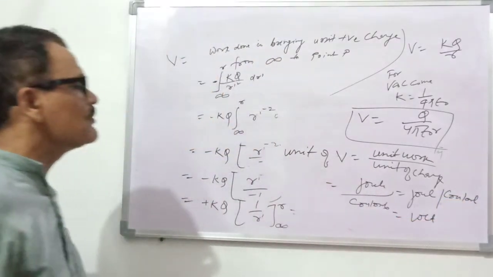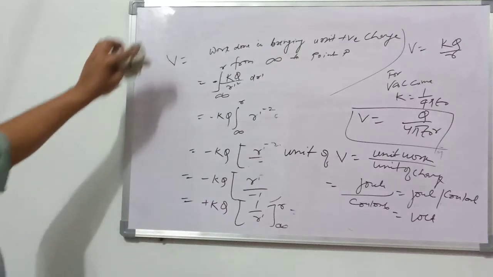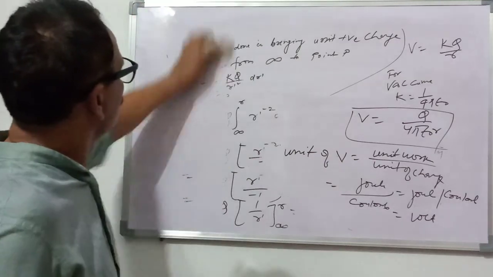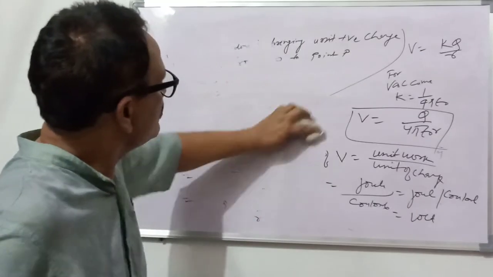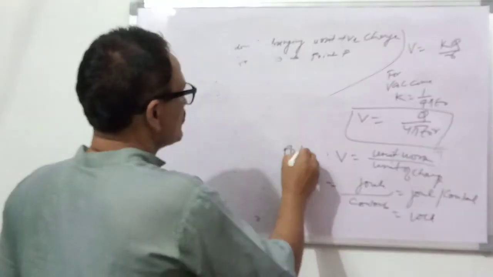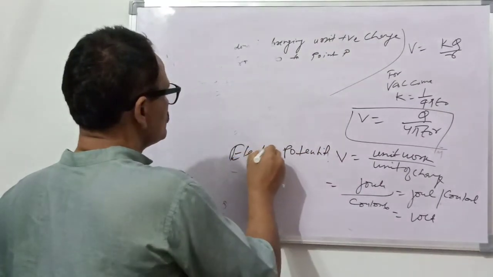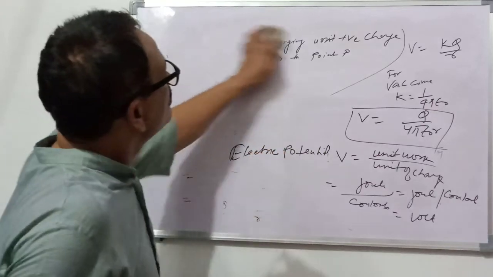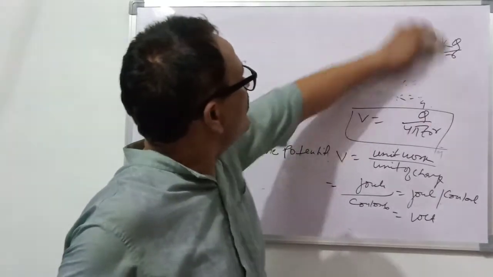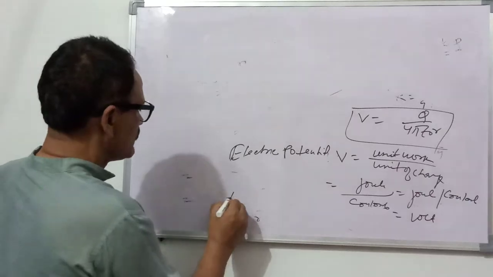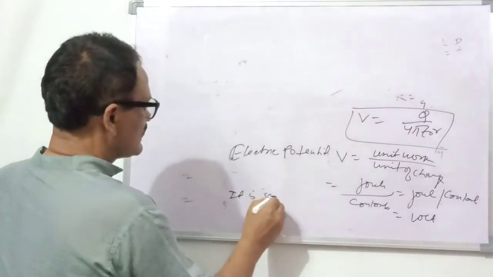So 1 volt means 1 joule per coulomb. This is the unit of the electric potential. Now, since it is work, it is a scalar.